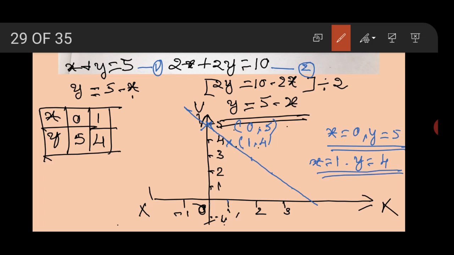Or take any values. See here, if x is equal to 2, you can easily check in your graph. If x is equal to 2, then the value of y is equal to 3, in this way, right? All points on the straight line are solutions, right? Okay.